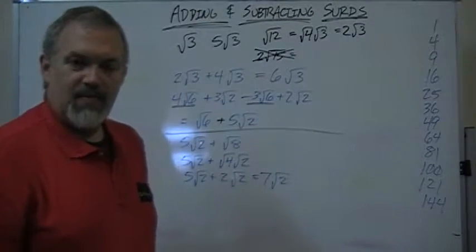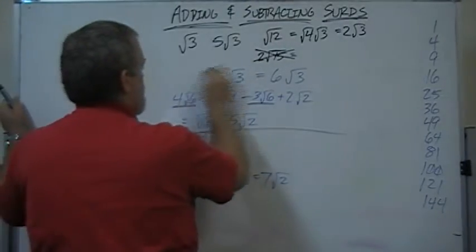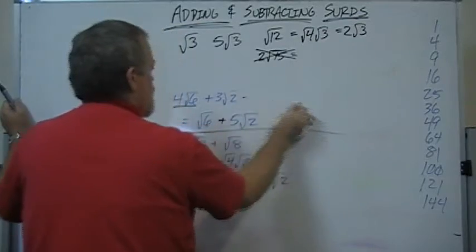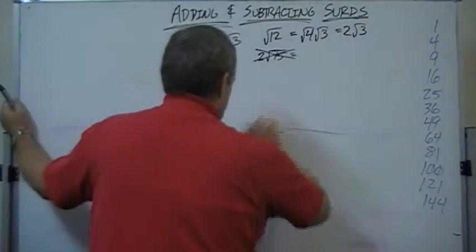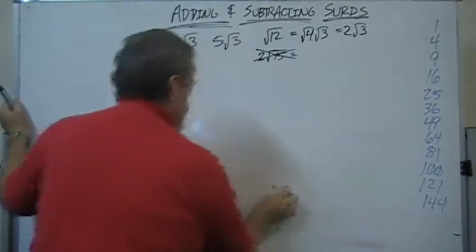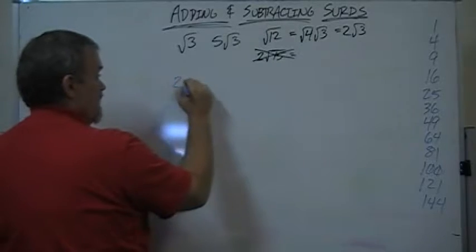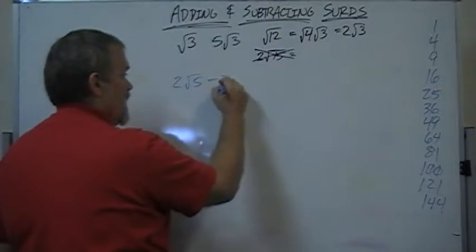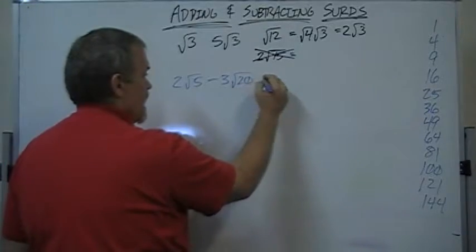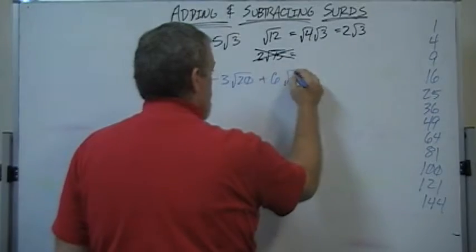We'll use one more example. Let's use something slightly more complicated. How about this? 2 root 5 minus 3 root 20 plus 6 root 45.